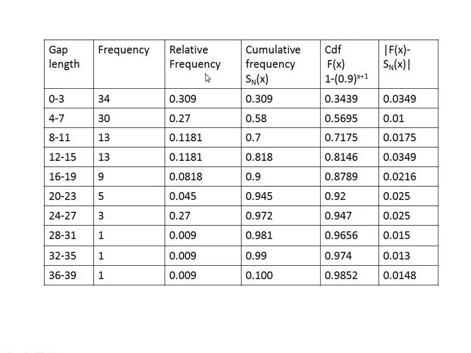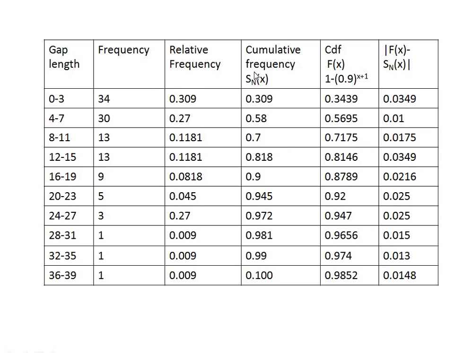Then relative frequency is calculated as 34 divided by 110, that is the total number of gaps, which is 0.309. 30 divided by 110 is 0.27, and so on.